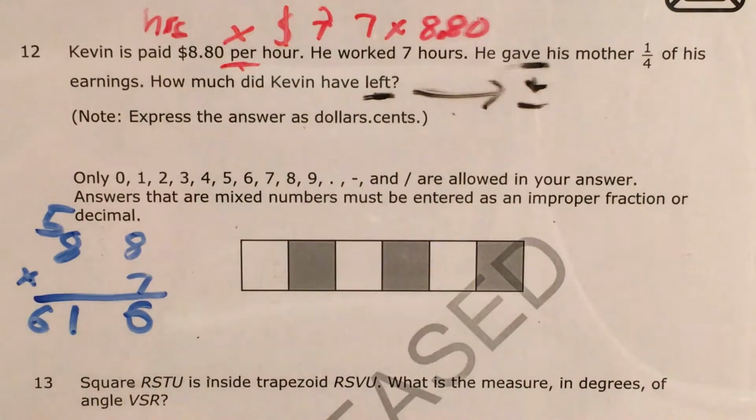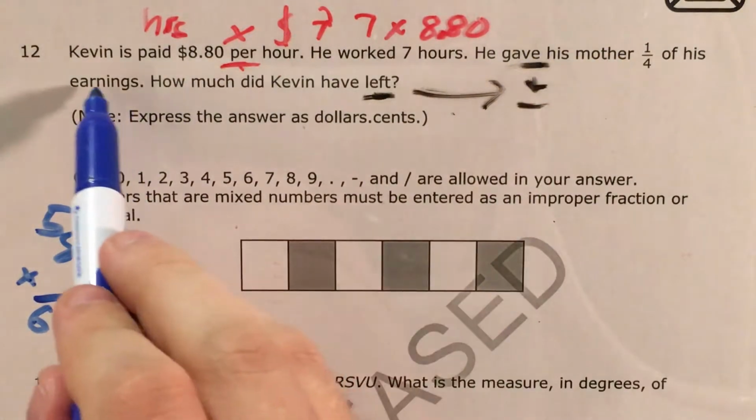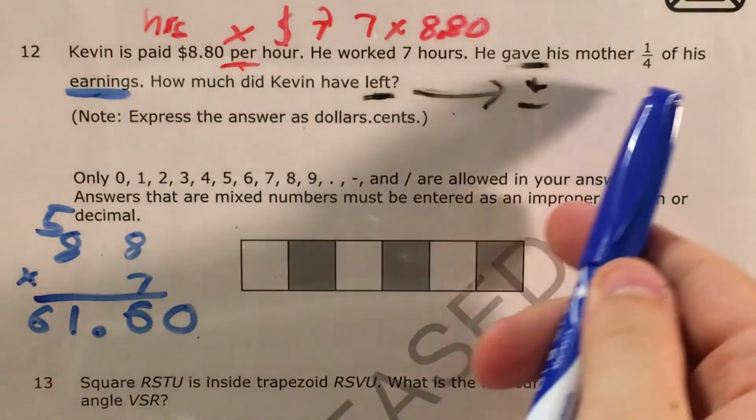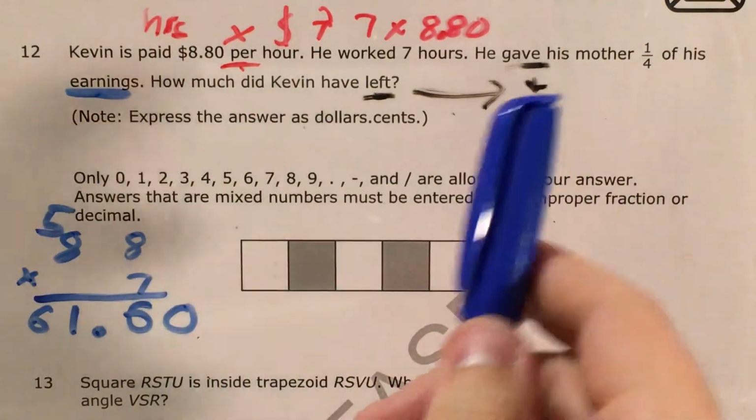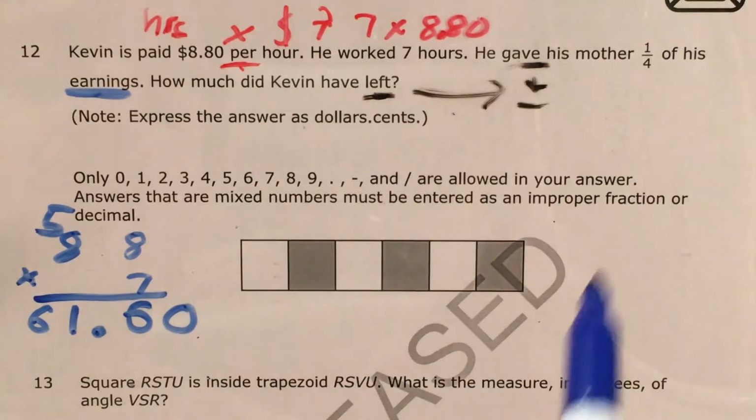So that is a total of 616, which means I put a decimal down. I make sure to add my 0 because I'm thinking of this in terms of money, and that's $61.60. So that's his earnings. And now, at this point, there are two ways that we can solve this problem from here.